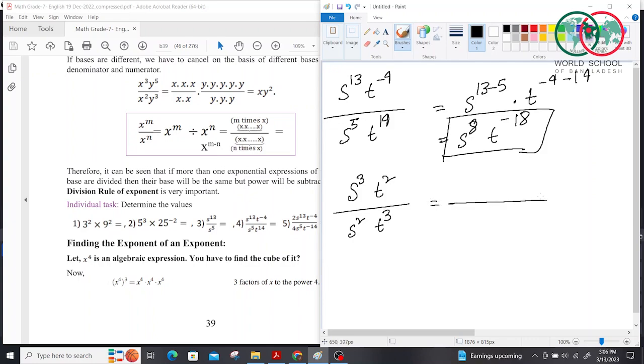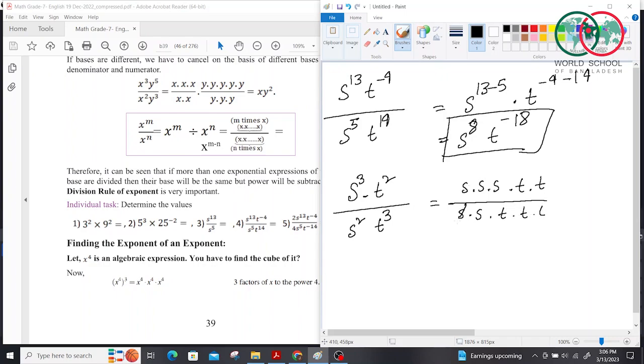Then we can write it as s cubed means s is multiplied thrice, and t square means t is multiplied twice, and these two are in multiplication form, so here we can multiply. Again, s is multiplied twice and t is multiplied thrice.